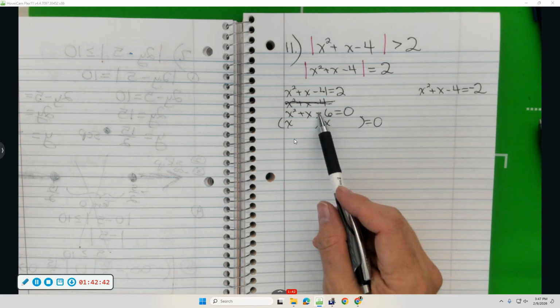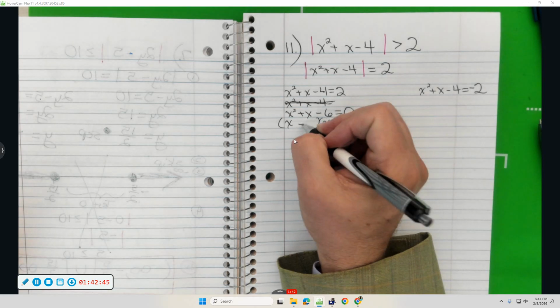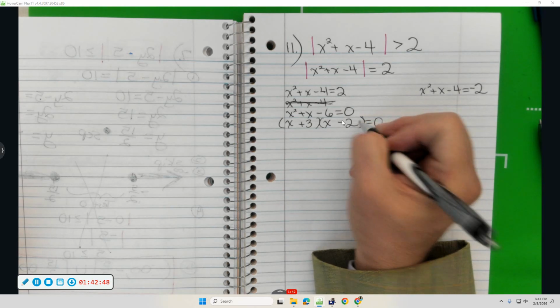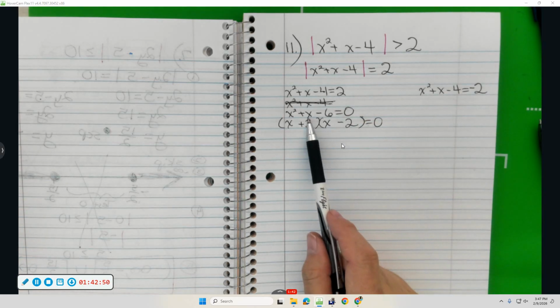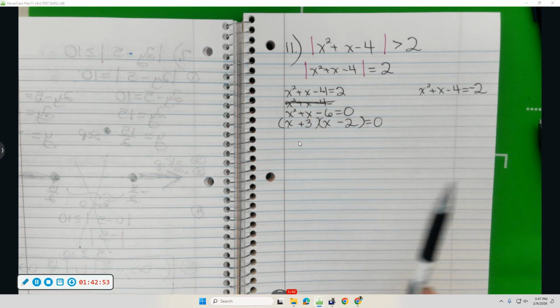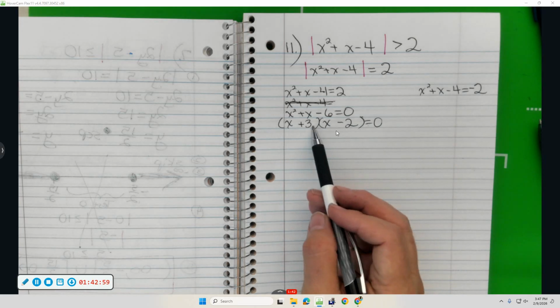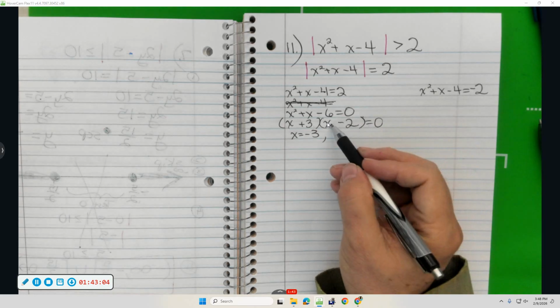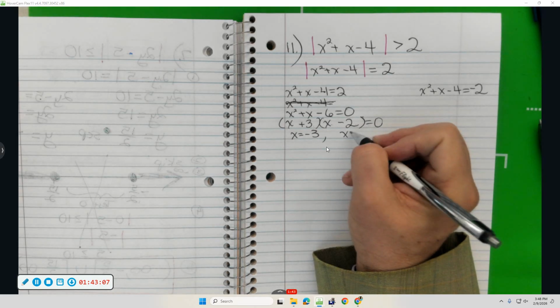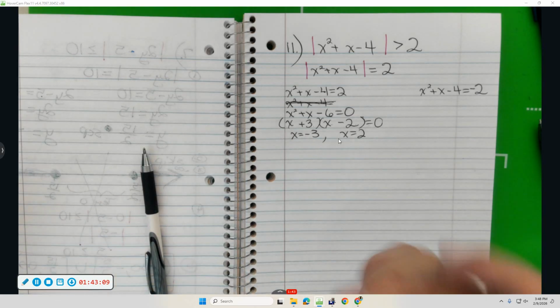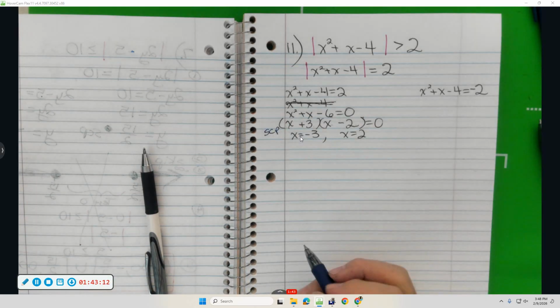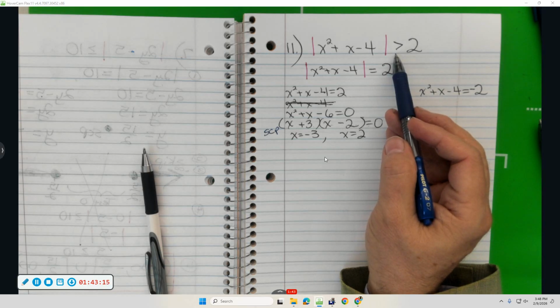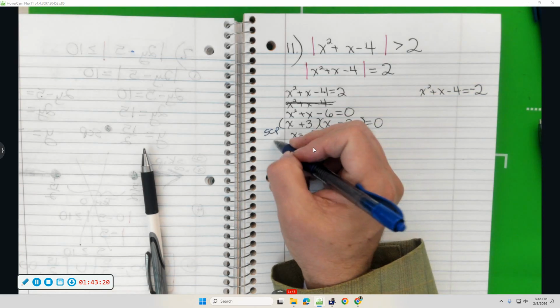There'll be 1 plus and 1 minus. How about a positive 3 and a negative 2? Does that do it? That gives us back that positive 1x. So we're getting two different solution cut points here. What will we get from the first one? Negative 3. And this one? Positive 2. So we just found two solution cut points. And how are they going to be labeled? Open or closed? Open, because there's no equality.